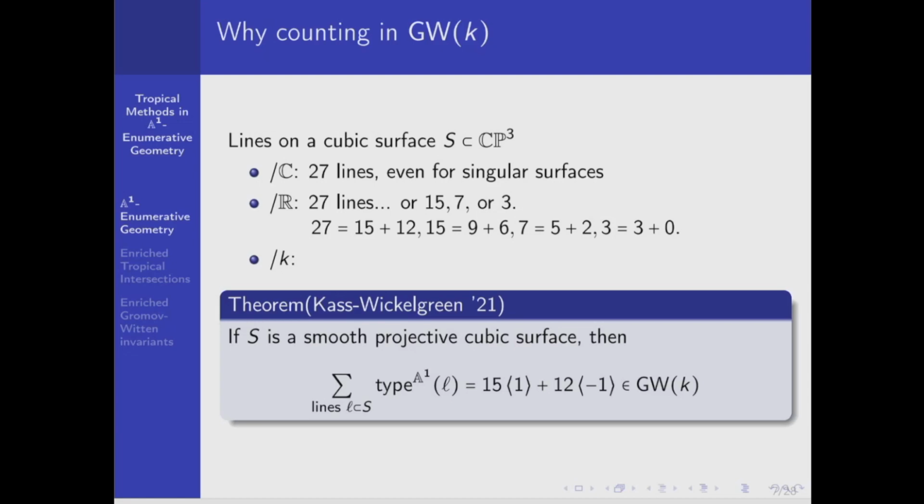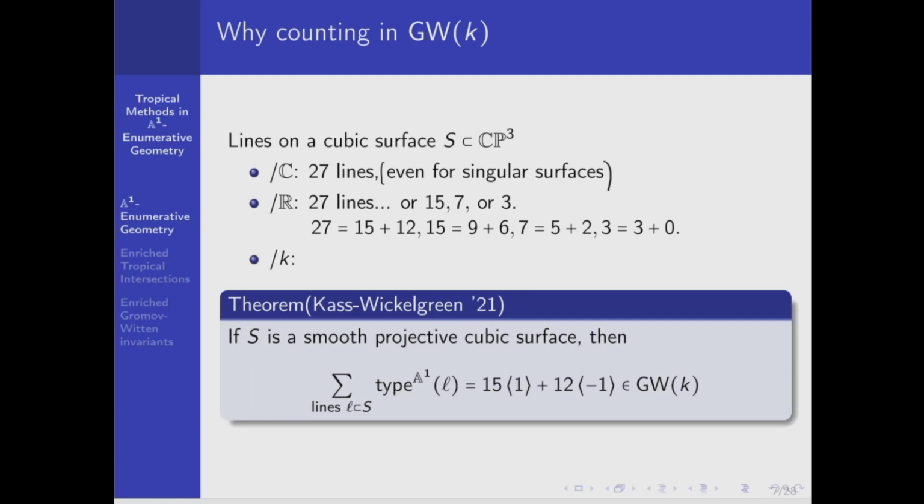So when we talk about lines on a smooth projective cubic surface, the generic case, over the complex numbers this is a very classical statement that there are 27 lines. Here I put even for singular surfaces, but let me talk now only about smooth ones.